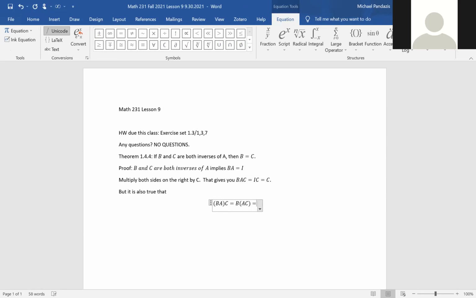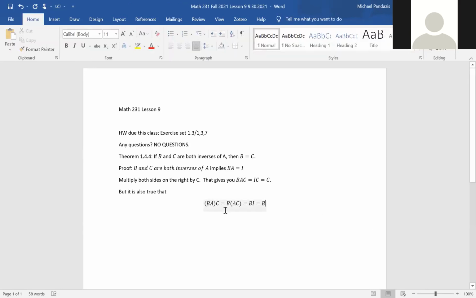And since C is an inverse of A, that means that AC is equal to I. So AC is equal to I because C is an inverse of A, and so that's equal to B. So B times AC is equal to B.